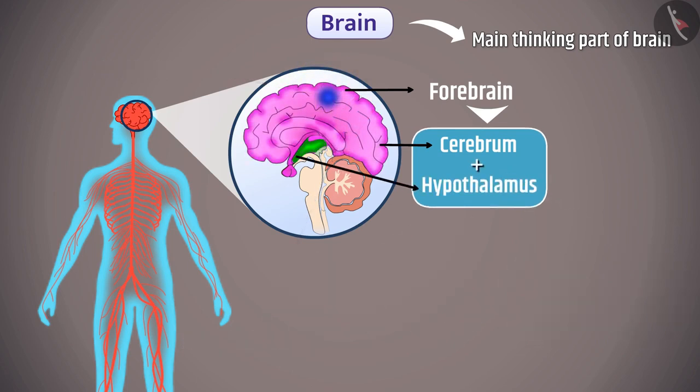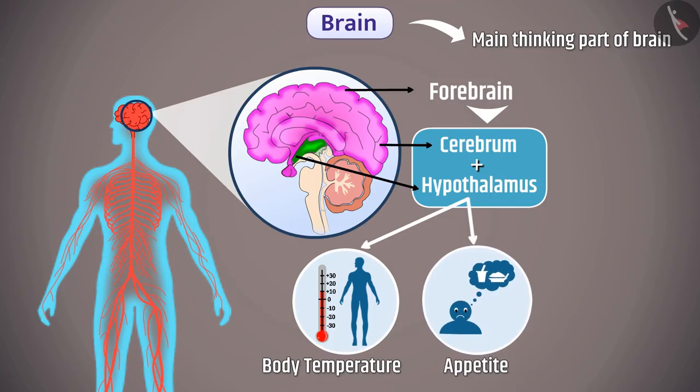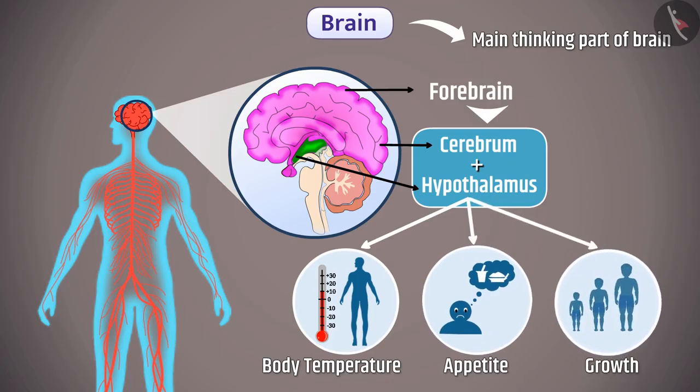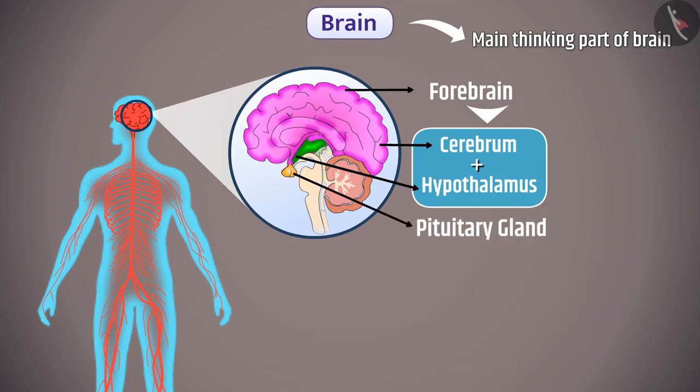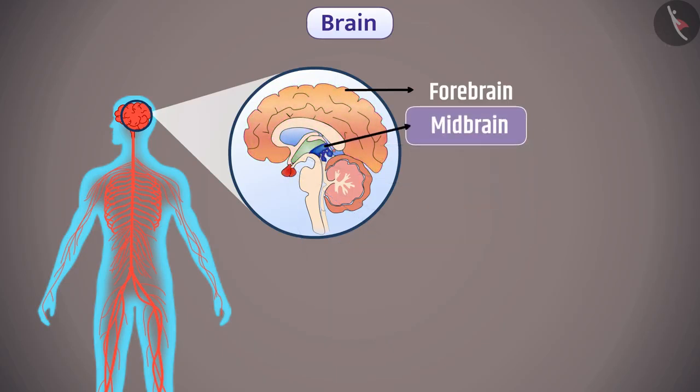The hypothalamus controls functions such as body temperature, appetite, growth, etc. The pituitary gland, present below the hypothalamus, secretes various hormones into the blood. The midbrain regulates involuntary actions in our body. These are not in our control.